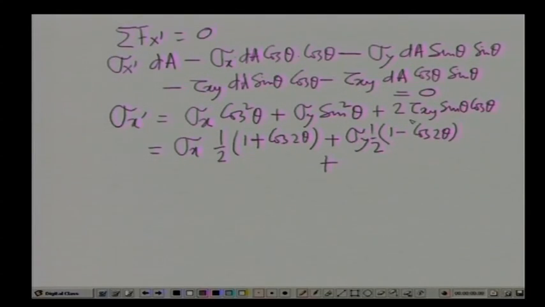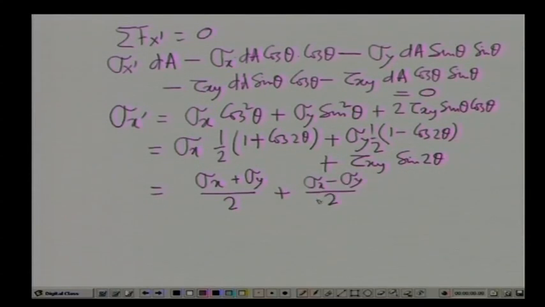Plus twice sin theta cos theta, which we write as sin 2 theta, tau x y sin 2 theta. So, this equals sigma x plus sigma y by 2, plus sigma x minus sigma y by 2 cos 2 theta, plus tau x y sin 2 theta.